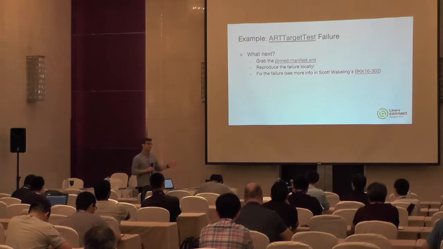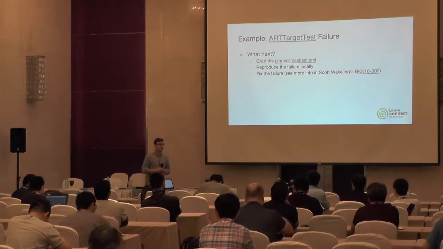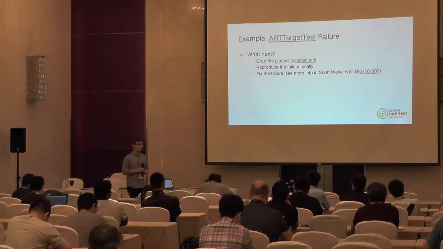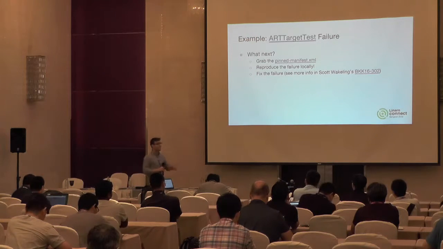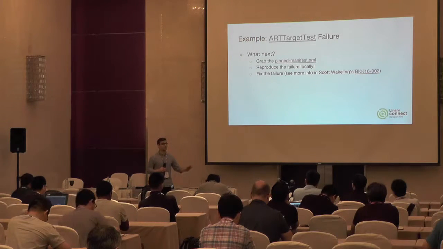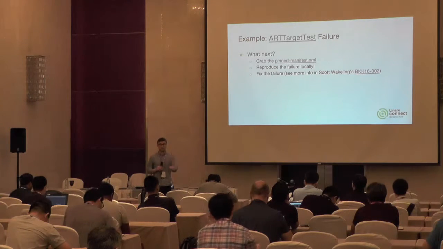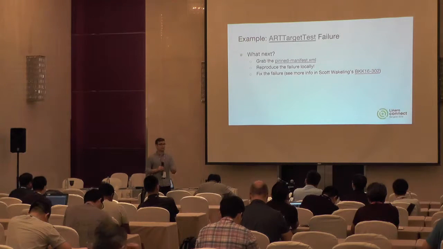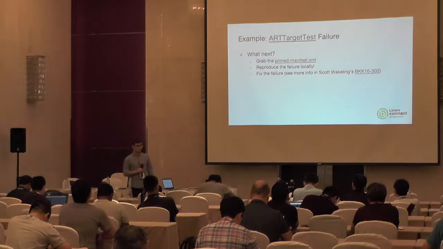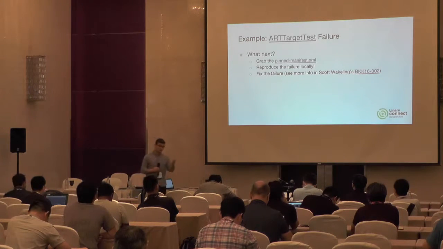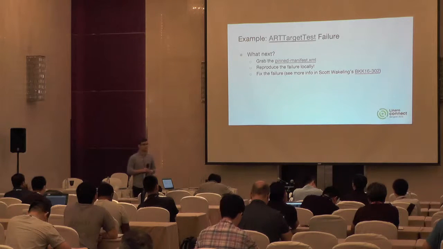Some of the tests already have this option of running them locally. But you should be running the same scripts as Jenkins. There's nothing that you should do manually. Grab the pin manifest, reproduce the tree, run the same script that Jenkins does, and from then onwards you can debug the failure using some of the information that Scott presented.